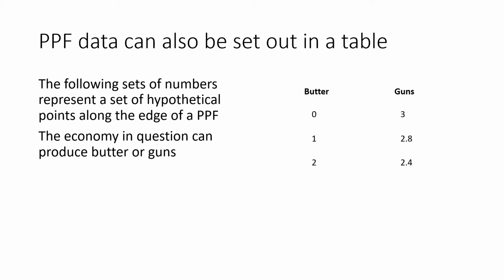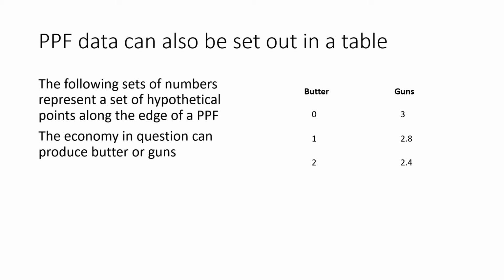However, if we wanted to look at the marginal opportunity cost of going from 1 unit of butter to 2 units of butter, we can see that the opportunity cost of producing that second unit, just the marginal opportunity cost of producing that second unit, is that output has fallen from 2.8 to 2.4.